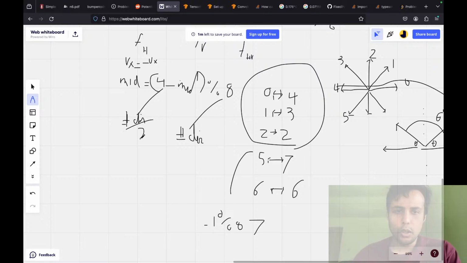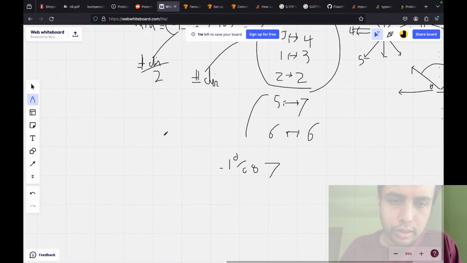That's the general format of this mid function. And of course it works for these three because everything is less than 8. But then here, 4 minus 5 is negative 1. So negative 1 mod 8. I'm not sure how JavaScript works.